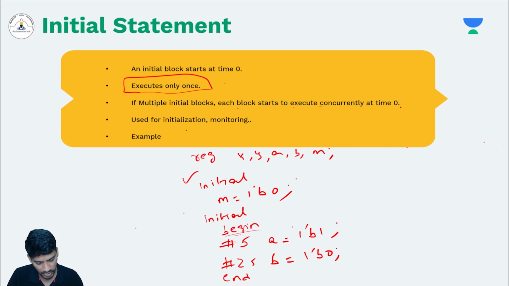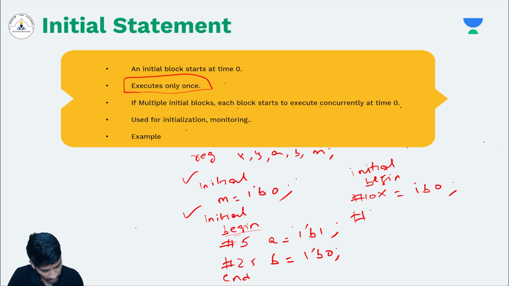So this is the first initial, this is the second initial, and I am writing one more initial. Here I am initializing X and Y. Begin: after, let's say, 10 nanoseconds, I want X equals 1'b0, and after 25 nanoseconds, Y equals 1'b1.